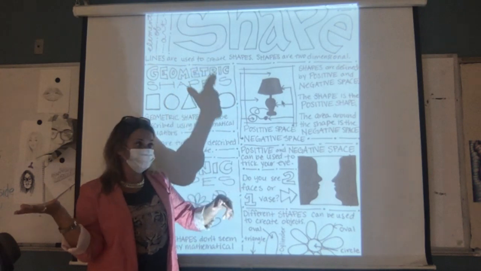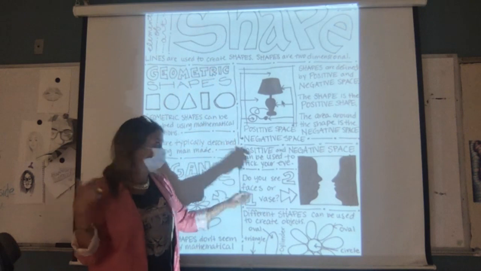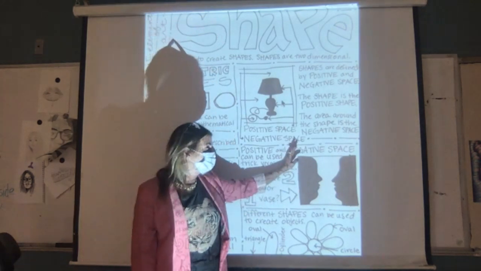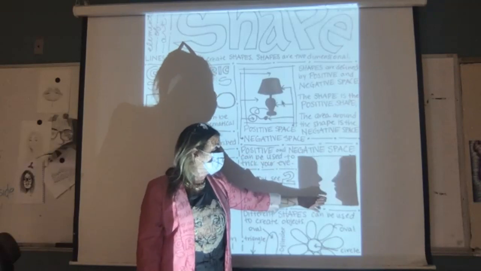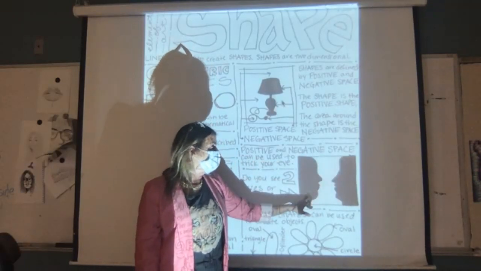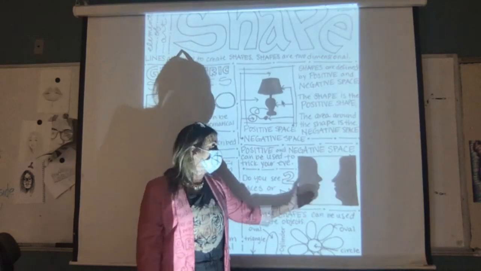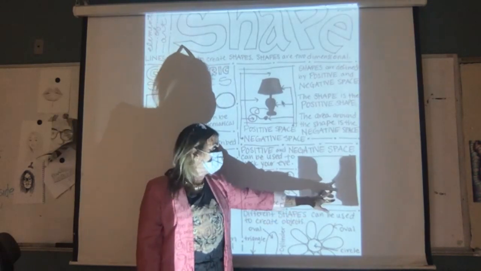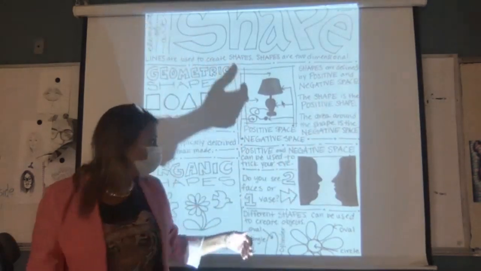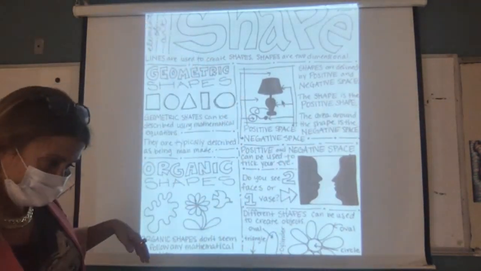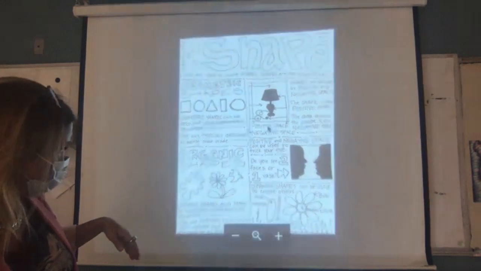Right, and you said you saw both of them. So this is an interesting way to look at it. If you look at the vase, you could count the vase as the positive shape and the two faces as the negative shape. Or you can look at the two faces and what's in between them is the negative space. So that's an area that we're going to explore.